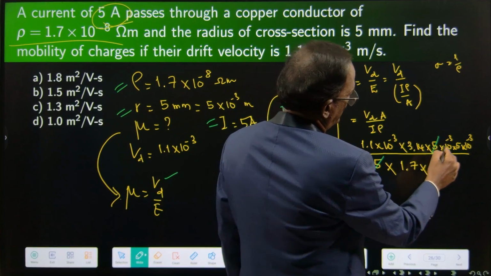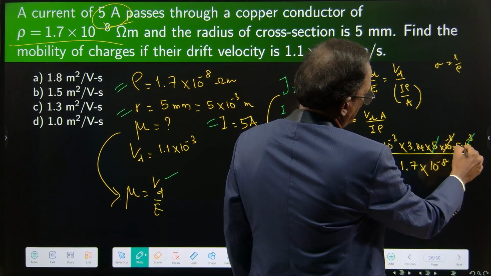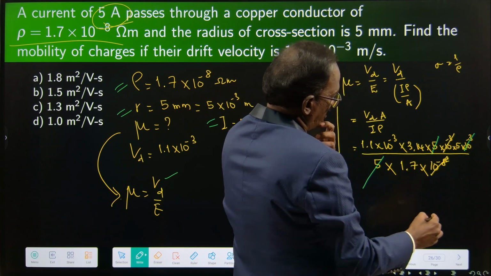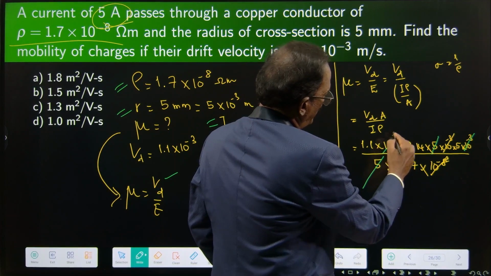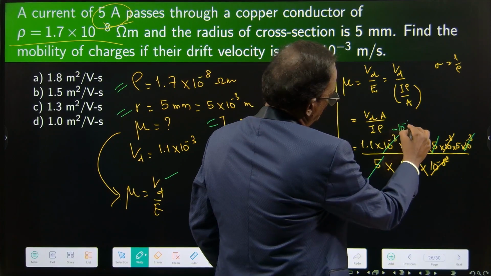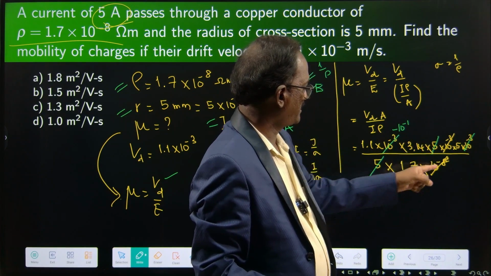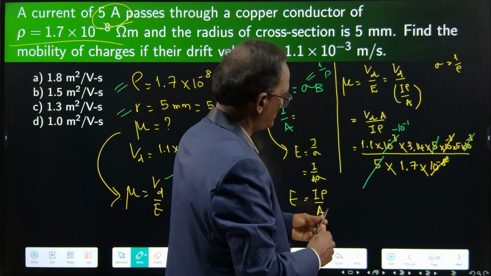This is 10 to the power of minus 8, 10 to the power of minus 3, 10 to the power of minus 3, 10 to the power of minus 8. So minus 2 is now available. Minus 2 if I take here, this will be 10 to the power of minus 1. Yes. 3 plus 3 plus 3 is 9, but here I am having only 8, right? 10 to the power of minus 1, right?